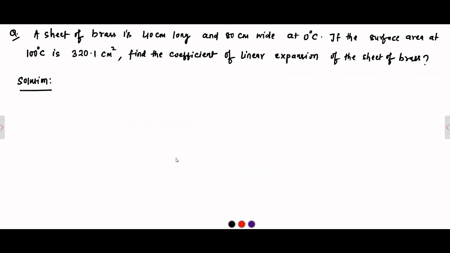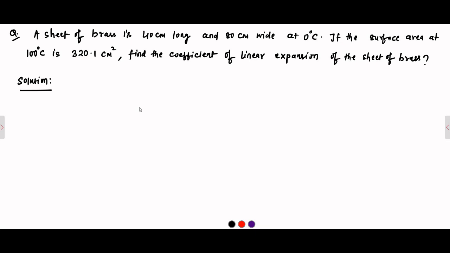So here is another question on thermal expansion of solids. It is given that a sheet of brass is 40 centimeter long and 80 centimeter wide at 0 degrees Celsius. If the surface area at 100 degrees Celsius is 320.1 centimeters square, find the coefficient of linear expansion of the sheet of brass.